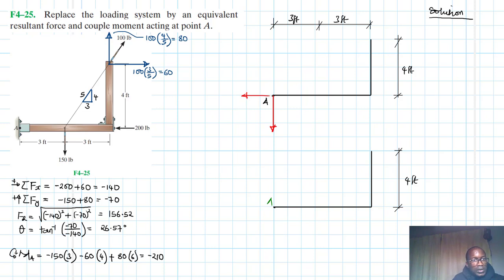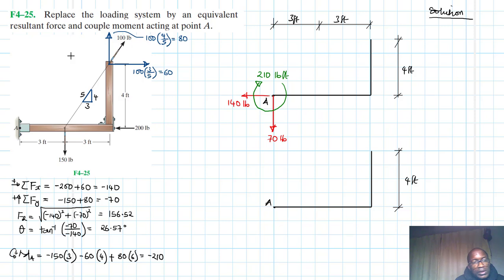All right, just 1 minute. This is A, and then we had the moment, which was clockwise, so we can think of the moment in this direction like this. So this is 210 pounds feet, and then we had these forces here, which are 70 in this direction and 140 in this direction.